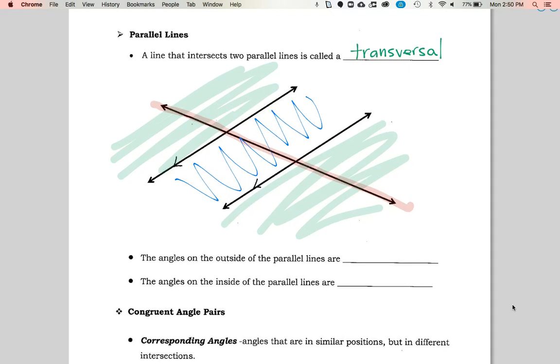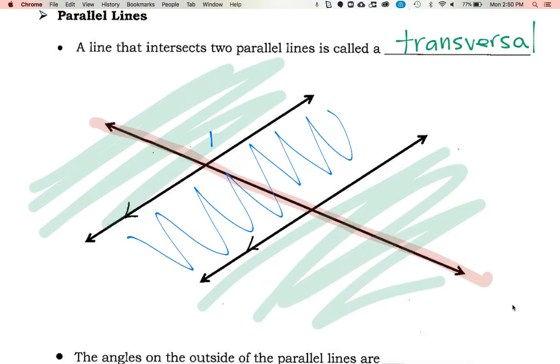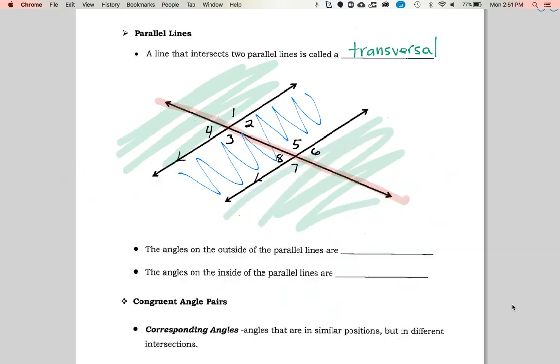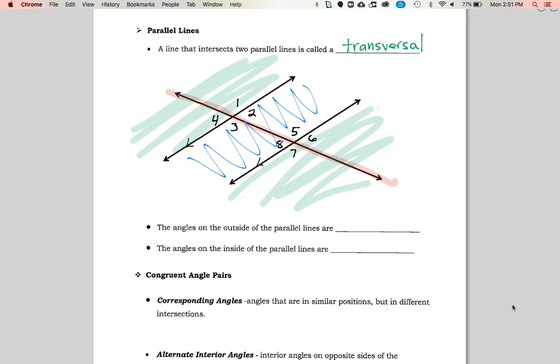I'm going to put some identifiers in here. So 1, 2, 3, 4, 5, 6, 7, 8. So these are the things that you guys will need to study the most out of this section. The angles on the outside of the parallel lines.